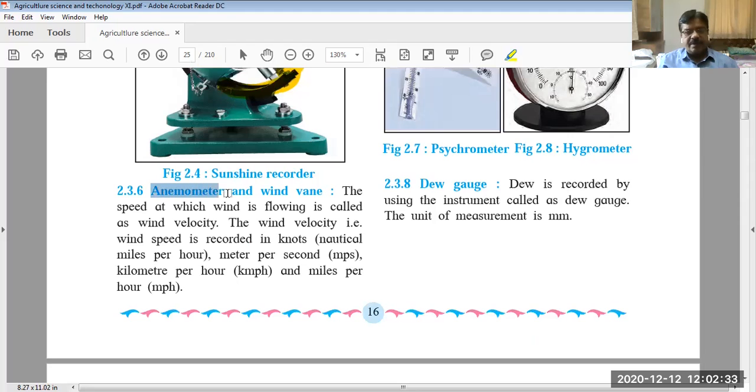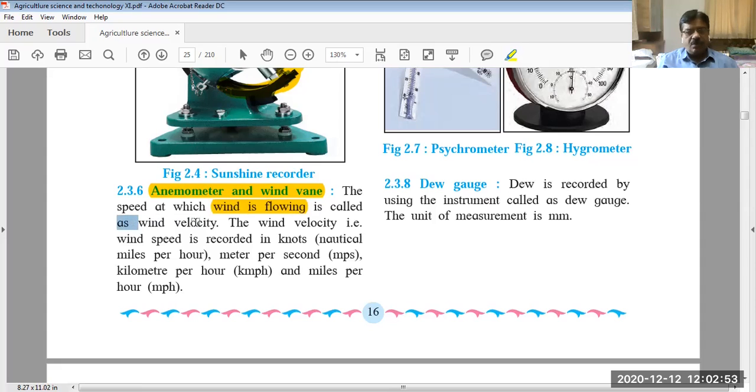It shows the duration of sunlight. Another instrument used for recording speed of wind and direction of wind is the anemometer and wind vane. These are two different instruments. Now what is the wind flow? That is called wind velocity.